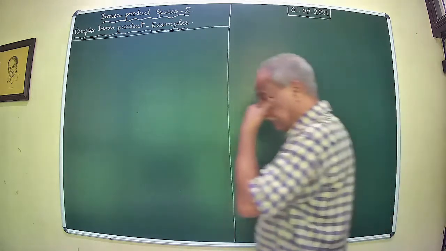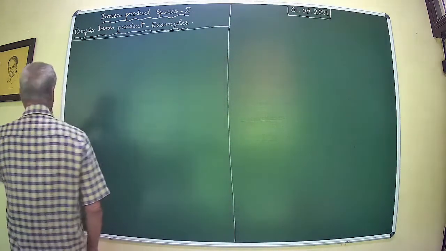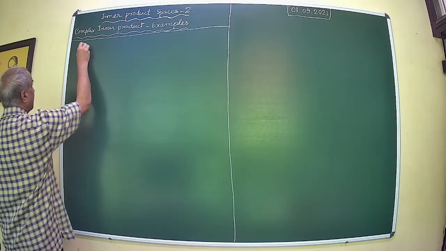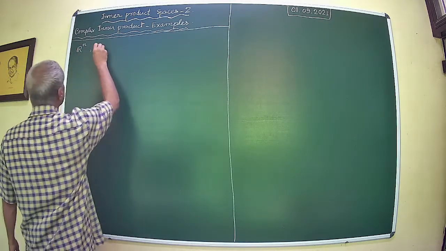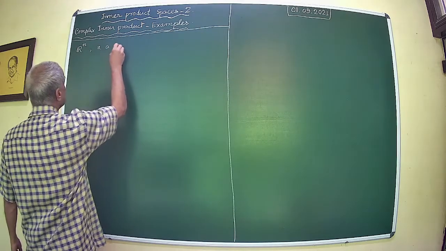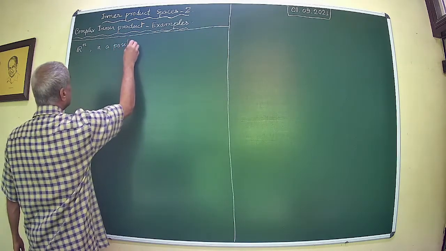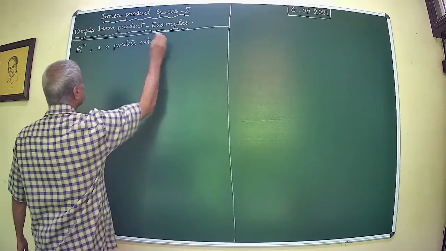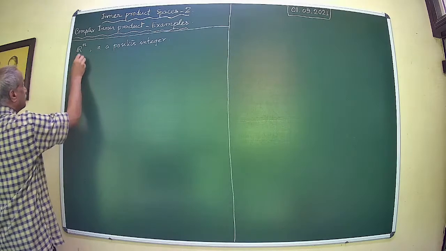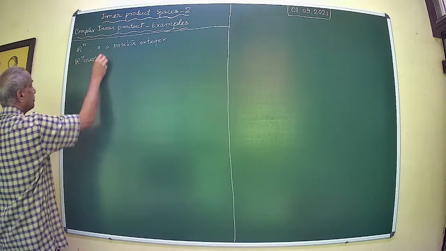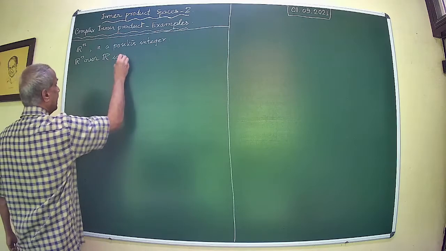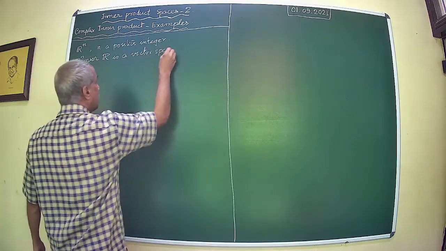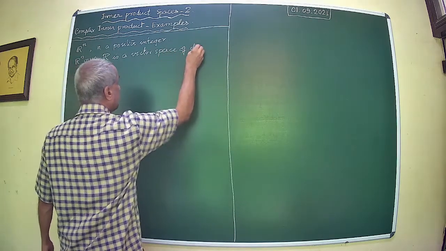And more generally, I think we can now write down what Rn is. So Rn, you take Rn, then Rn over R is a vector space of dimension n.